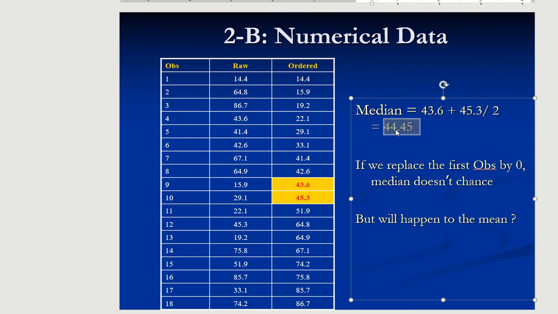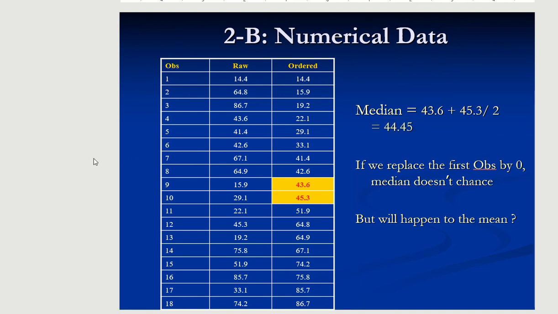So it dropped by 1.4. Remember the average, how much it changed? It changed, if I remember correctly, by almost 5 units. So that again goes into saying that the median is less sensitive to extreme values compared to the mean.